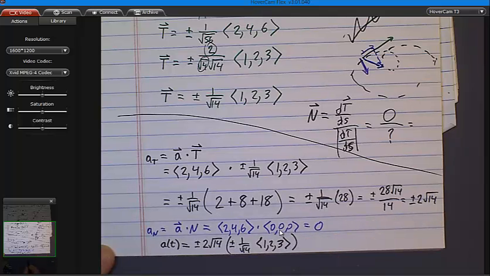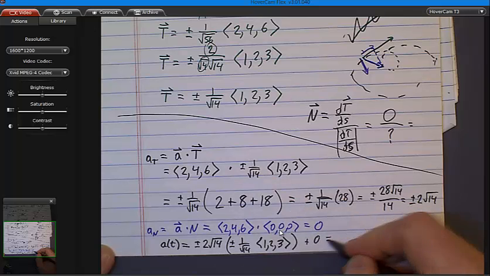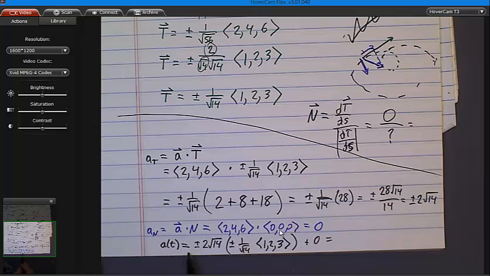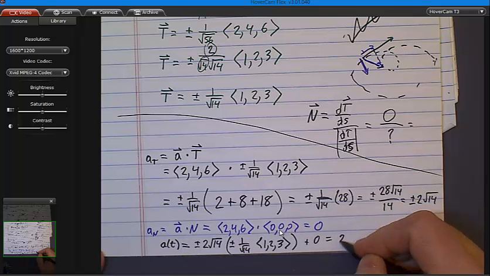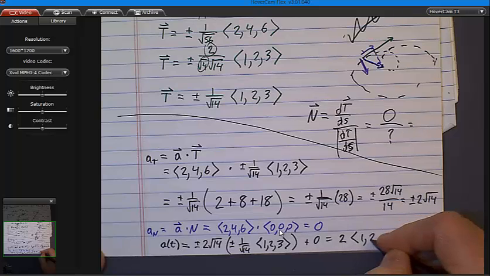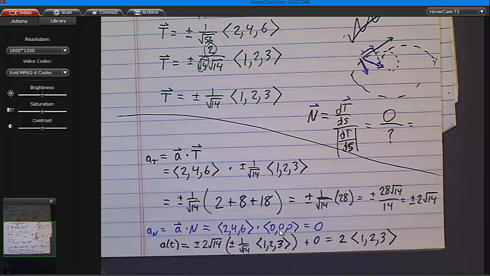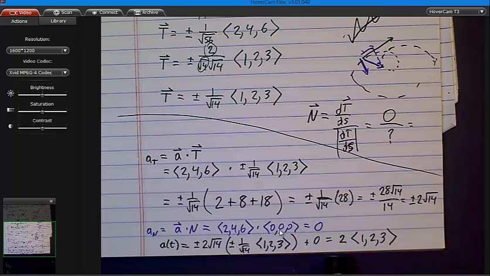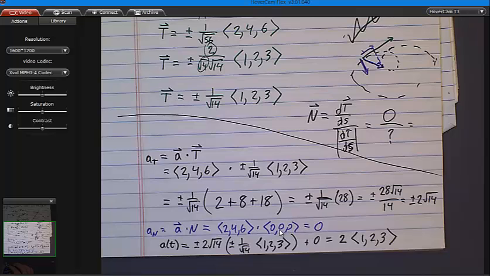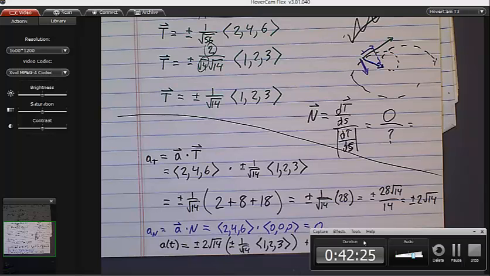Oh, and then plus 0, right? Because 0 dot N is 0. So the square root of 14's cancel, the plus or minuses cancel, so we get 2 times 1, 2, 3. Isn't that the same as the original acceleration? Yeah, that's 2, 4, 6. So yeah, like I said, this is kind of a boring problem. You're better off looking at the example than you were for this problem when it comes to learning about tangential components.